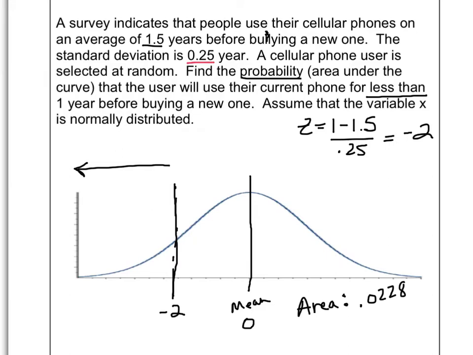Now, if you think of that as a percentage, that would be 2.28%. Remember, how much is the whole area underneath the curve? The whole area is 100%. And if you think about this, this area right here is not very big. So 2.28%. The probability that they will use their current phone for less than a year is a 2.28% chance.